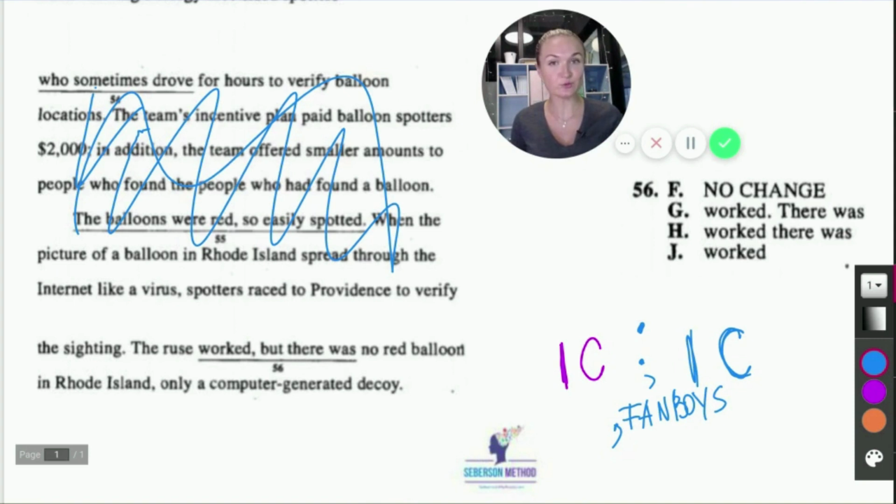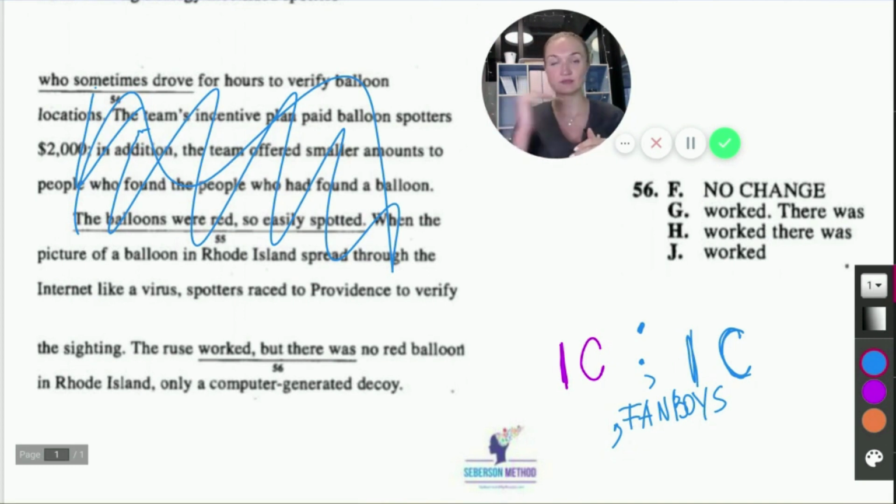Well, the ruse worked. There was no red balloon in Rhode Island. Only a computer-generated decoy. An example of a reversal relationship would be, Harshul is a very smart student, but he is unable to get 1600 on the SAT.